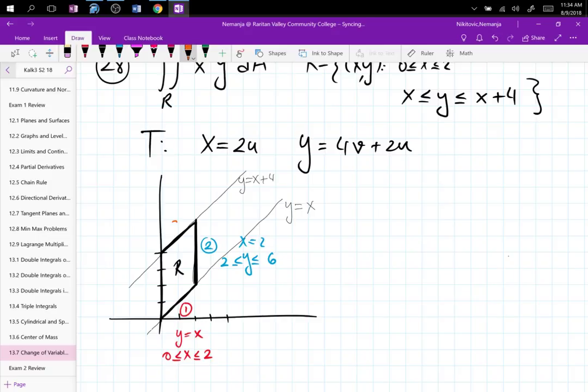Next one is number 3, orange. Y is equal to x plus 4, and x is stuck between 0 and 2. And the last one is green, number 4. X is equal to 0, and y is stuck between 0 and 4. So here are my four line segments. I wrote out the equations.